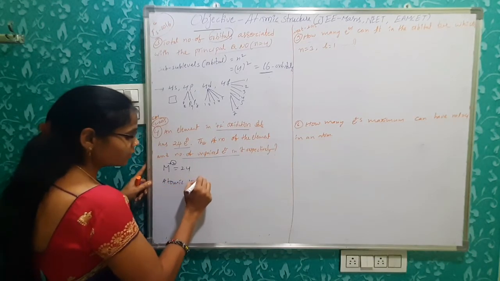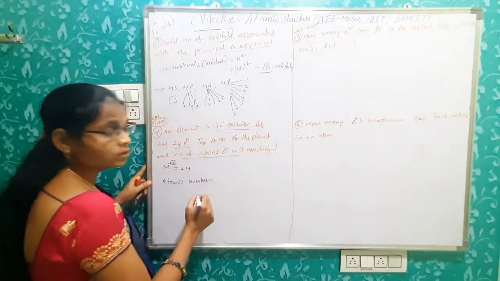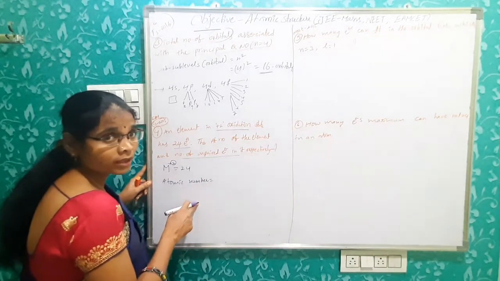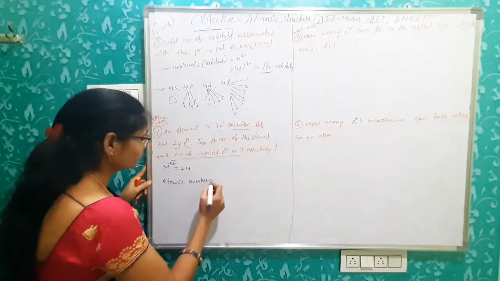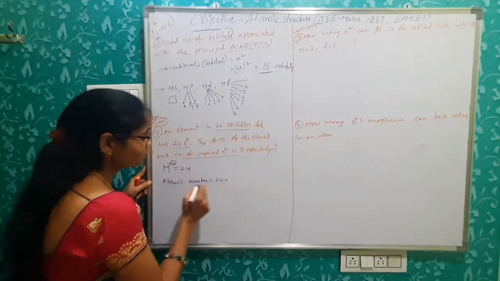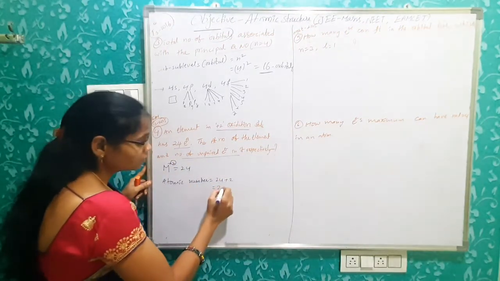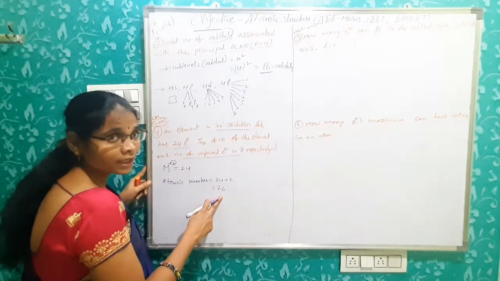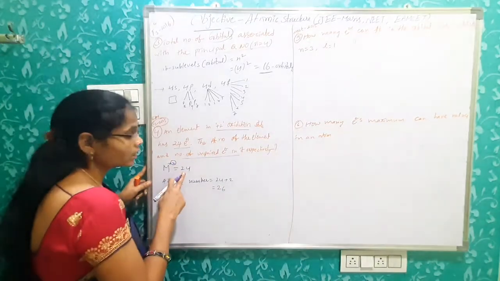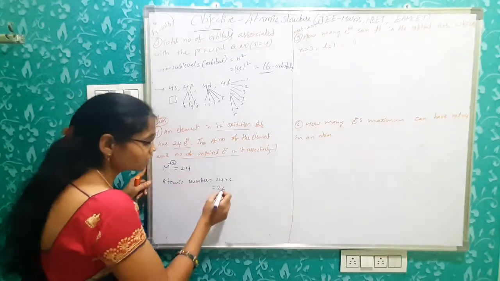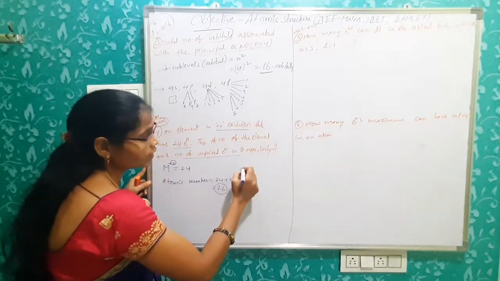How to find the atomic number? Atomic number is equal to the number of protons in the nucleus and the number of electrons in a neutral atom. So 24 plus the lost electrons, actually electrons are 26. Means atomic number 26.